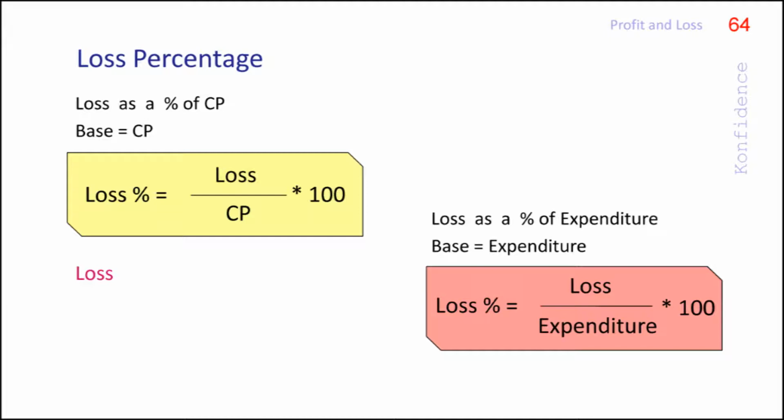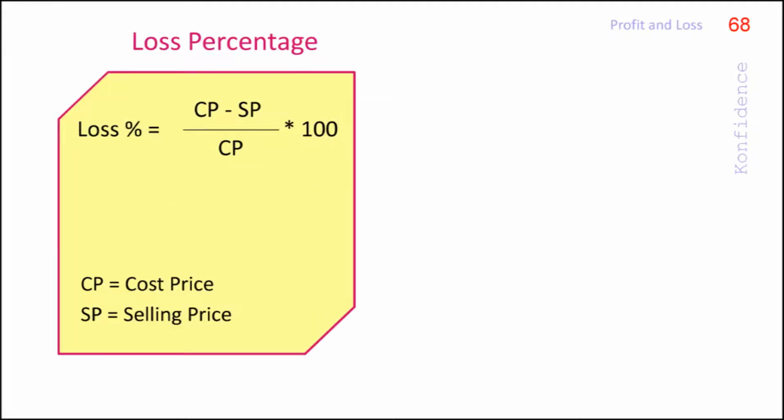Loss happened because the cost price was more than the selling price, or because the expenditure was more than the income. So loss equals CP minus SP, or expenditure minus income, as the case may be.